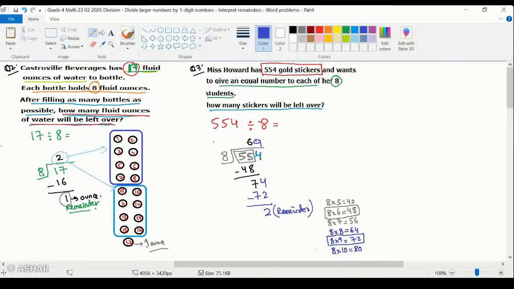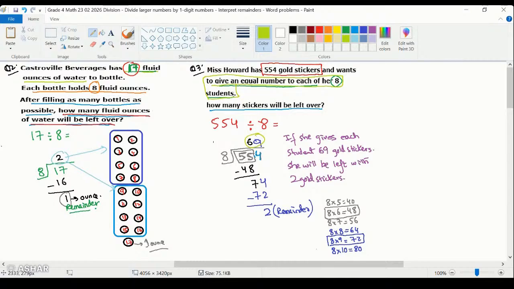This means that if she gives each student 69 gold stickers, she will be left with 2 gold stickers. Perfect, thank you, Solomon. She gives 69 stickers to each student, right? Because it says to give an equal number of stickers to each student. That means 69 stickers for each student.